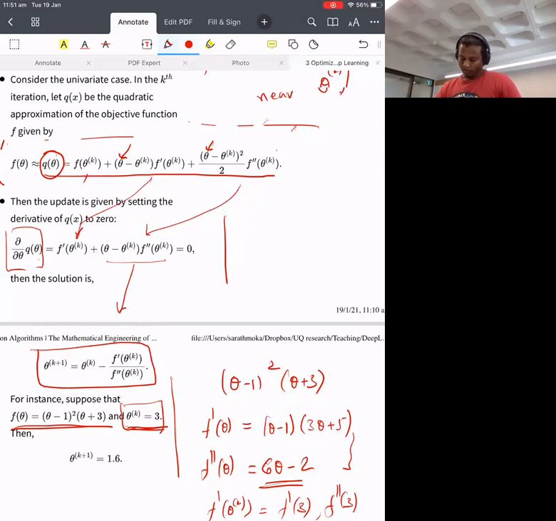So all it's suggesting is that you have a gradient. It also gives a learning rate directly.